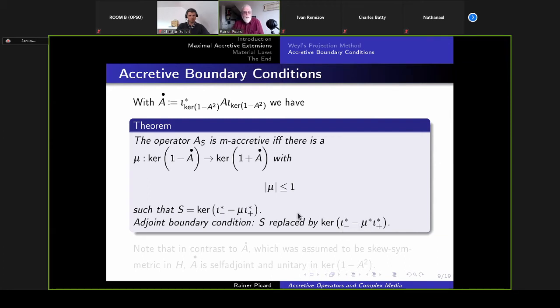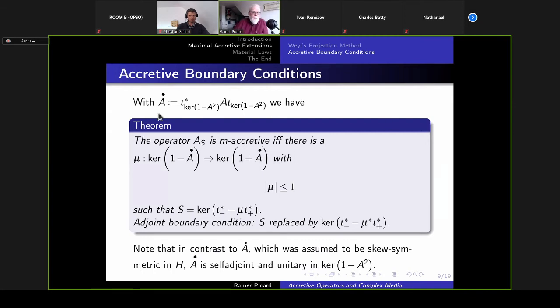That is the condition for maximal accretivity. This is inspired, by the way, by the analogous observations that you have for port-Hamiltonian systems. And it's kind of nice to see that it also works in this general setting.